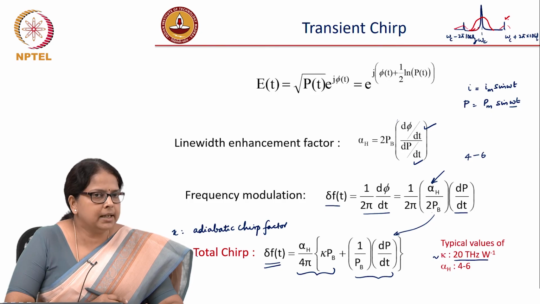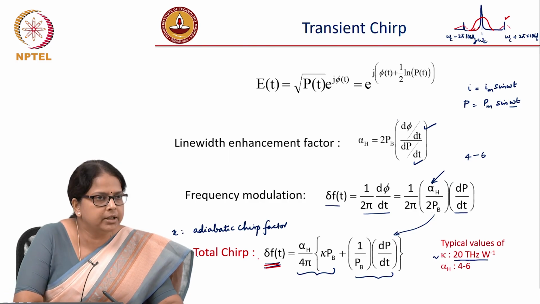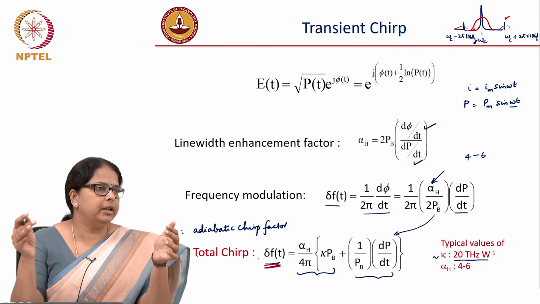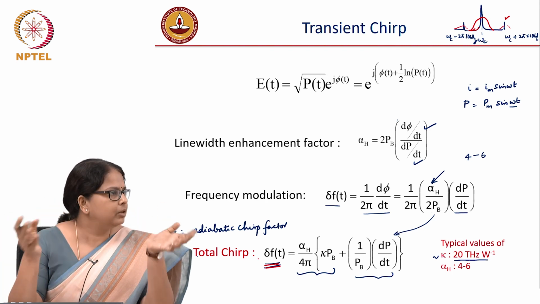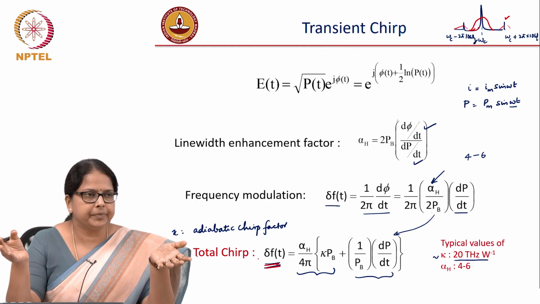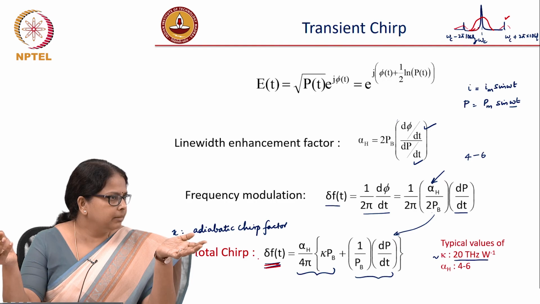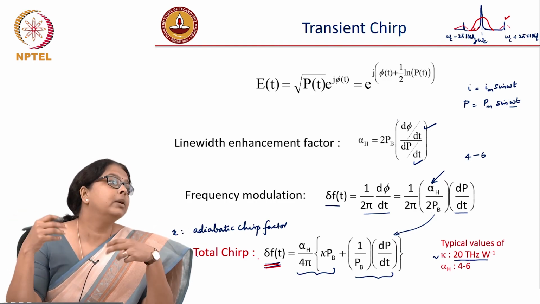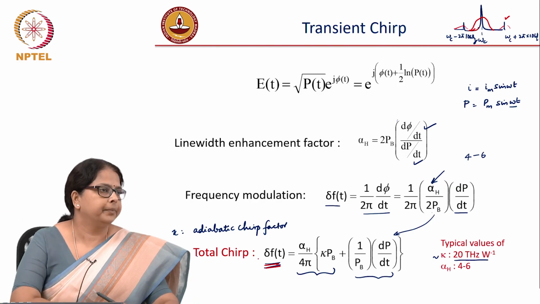You should always ask this question: how much is the spread in frequency because of the modulation chirp, and can that be tolerated in my system? So, when you are ultimately going to do a link design, which we will come to, you will start thinking about these aspects of the laser. Maybe if it is a short distance communication, it may not matter, but again it depends on how much is the chromatic dispersion and how much is the allowed spread and so on.